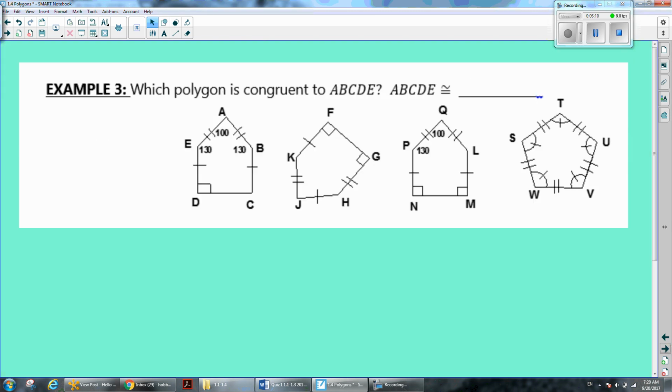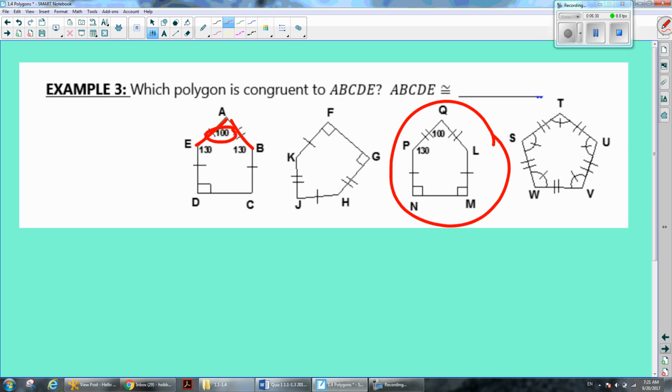Okay, so which polygon's congruent to A, B, C, D, E? Well, we need 100 degrees with sides of 2 tick marks, 130. So that would be this pentagon here.